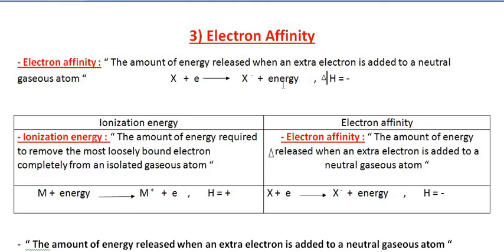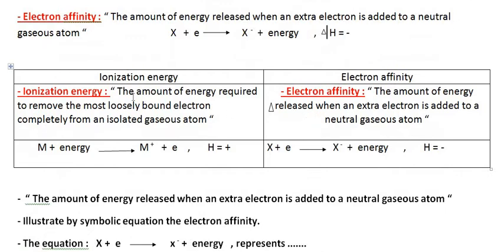The energy on the right hand side is the lost energy. The atom gains an electron. What happens to the atom? It changes into a negative ion and energy is released. This energy released is called electron affinity. And because the atom lost energy, delta H is negative.